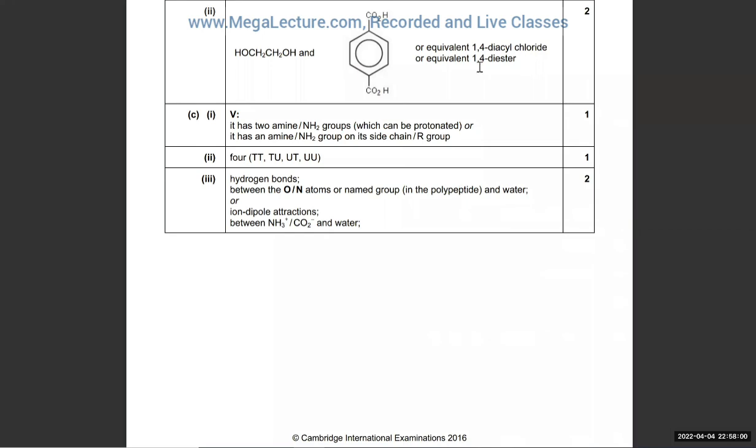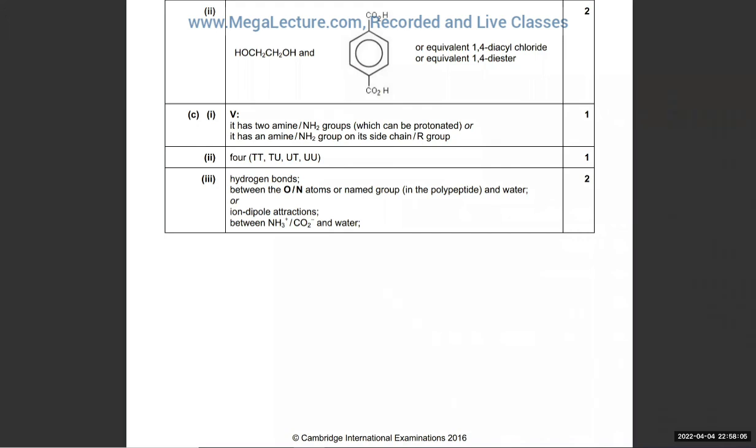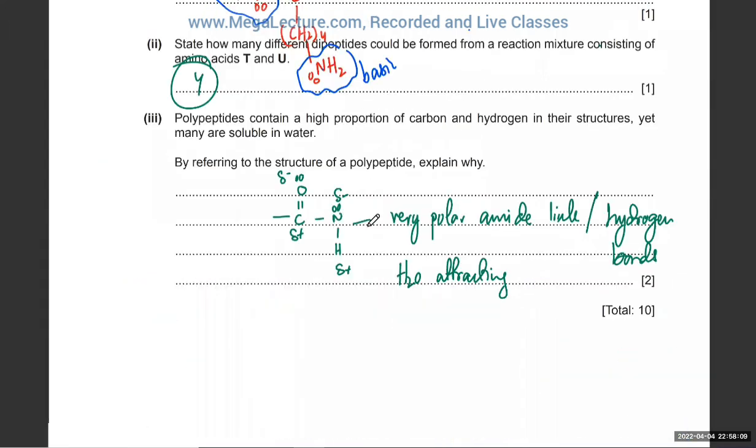So basically he was looking for the oxygen lone pairs. What you could have written was that the C=O lone pair was attracting H from the water molecule. Right? Is that clear?